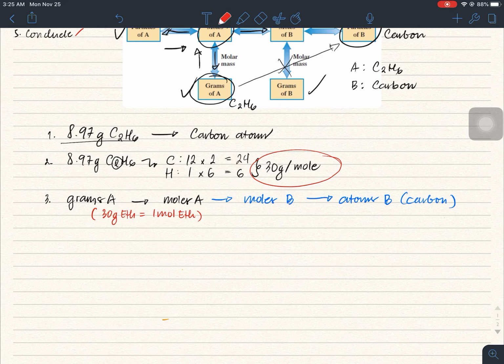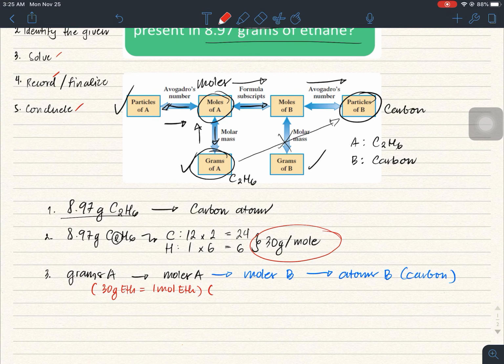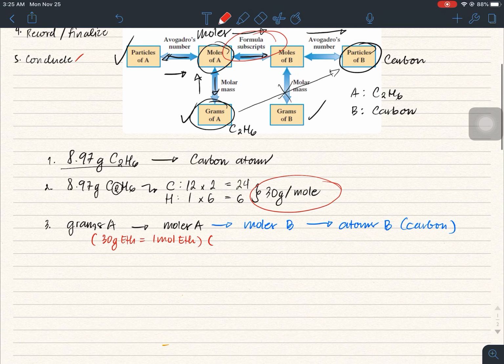For moles of A to moles of B, I'm going to use, as our diagram suggests, the formula subscripts. In this case, in 1 mole of your C2H6 or your ethane, there are 2 moles of carbon. So in that case, I'm going to write 1 mole of ethane is equal to 2 moles of carbon.